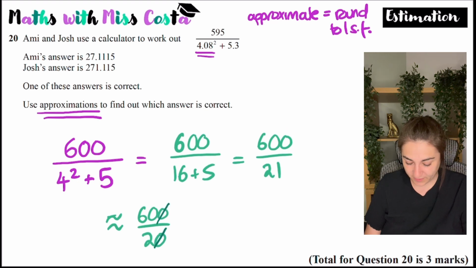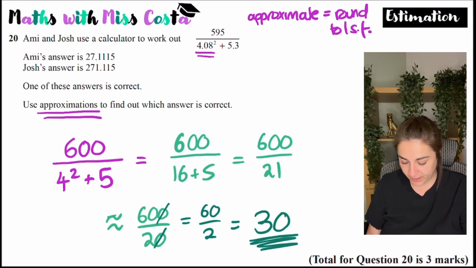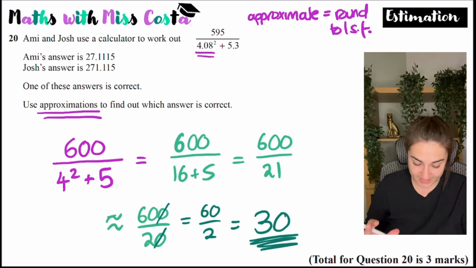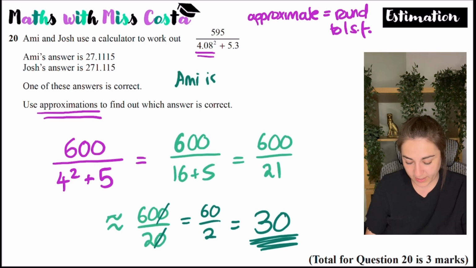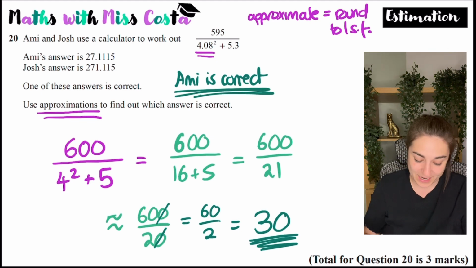So then we could just divide by 10, which would be 60 over 2, which is 30. So if I know that the answer should be roughly 30, I know that Amy is correct, because in terms of place value, 30 is a lot closer to 27 than 271.115.